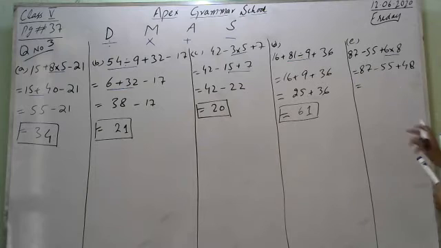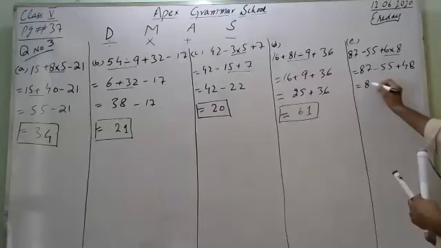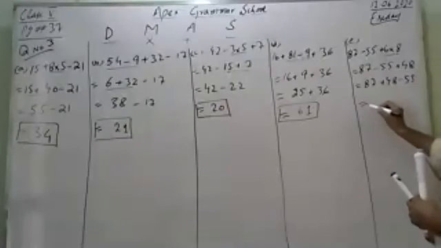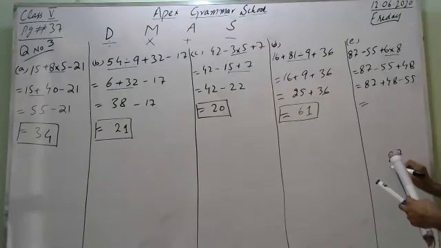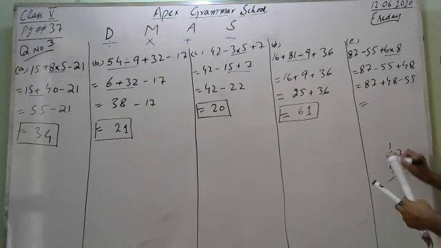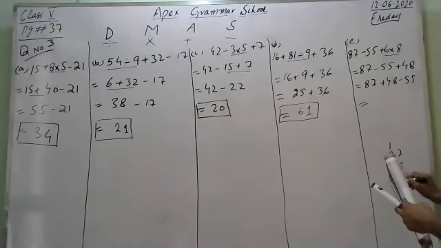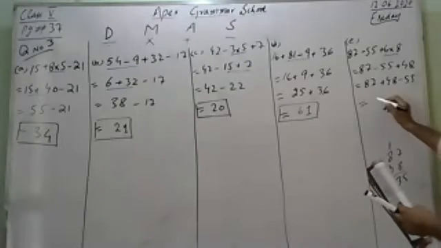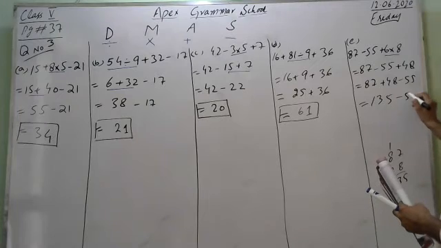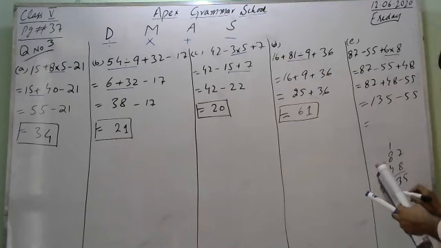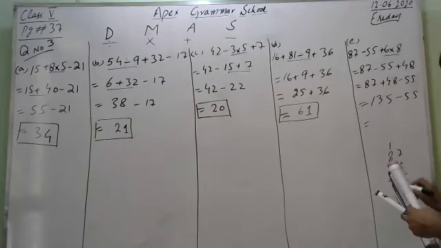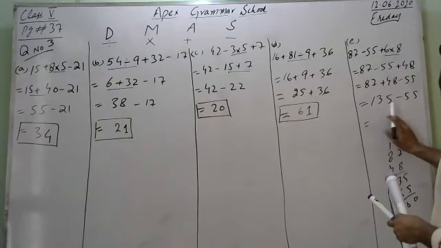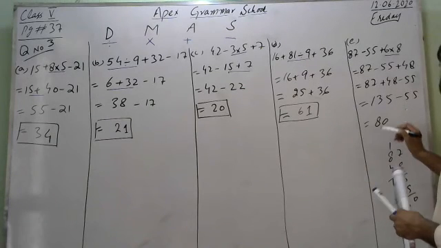Now we have to separate the positive values first. 87 plus 48 minus 55. 87 plus 48, answer is 135, minus 55. 135 minus 55, answer is 80.